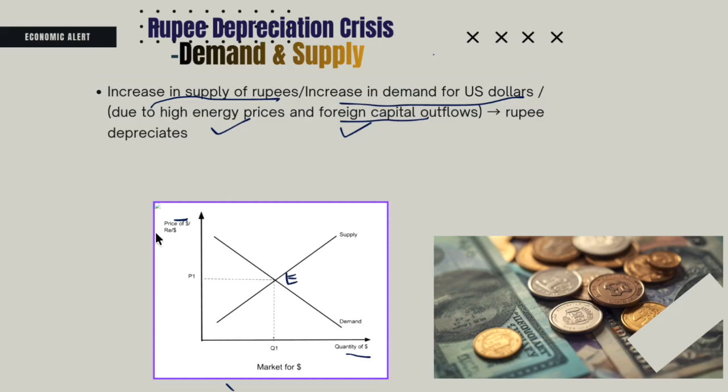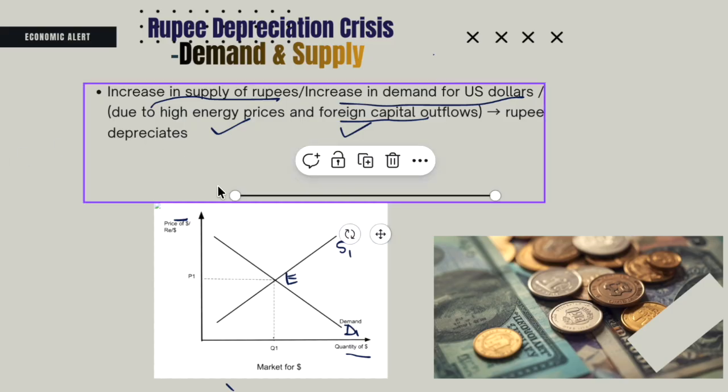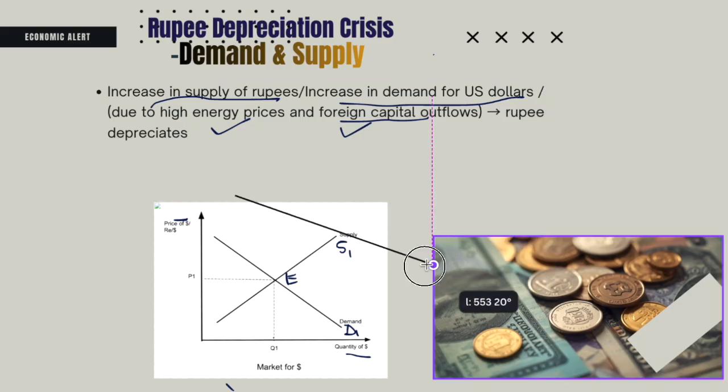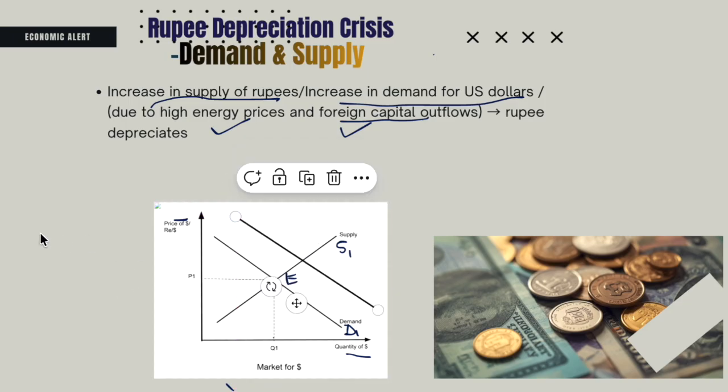So taking into account that our initial demand curve is D1 and our initial supply curve is S1. Because of these two factors stated above, there is going to be a rightward shift of the demand curve.